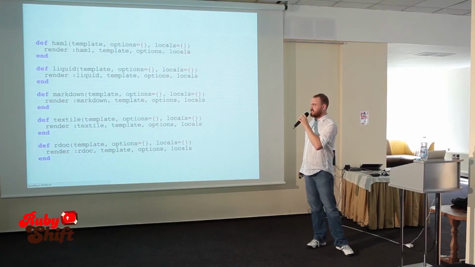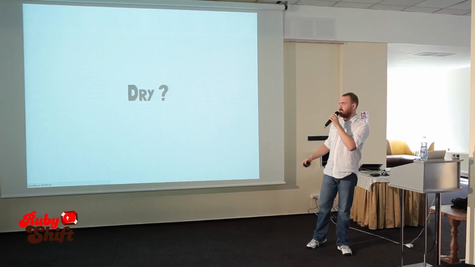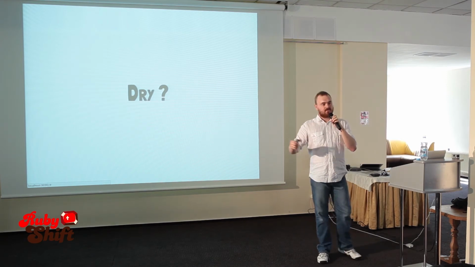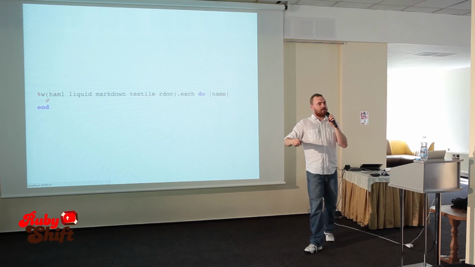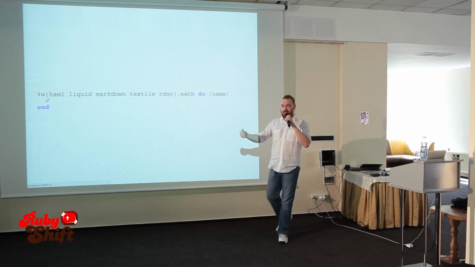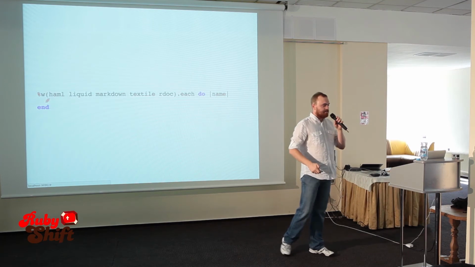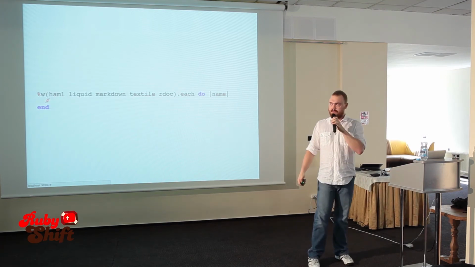And isn't it redundancy? What if we could try it a little? Because there are 20 template engines in Sinatra, and they could all fit in a much smaller piece of code. So, for example, we can get an array of Haml, Liquid, Sass, and so on, and we can iterate through these names and define a method for each of these templates with a name.